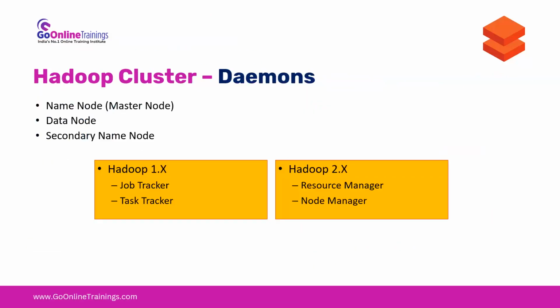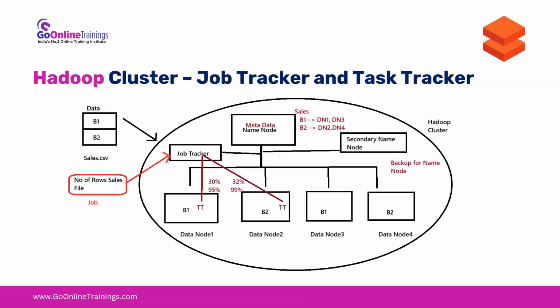So let me tell you what these are. Whenever you load your data, block one data, block two data, you have a sales.csv file. The data you have loaded to the cluster, the name node is going to be allocating the blocks, block number one here, block number two here.